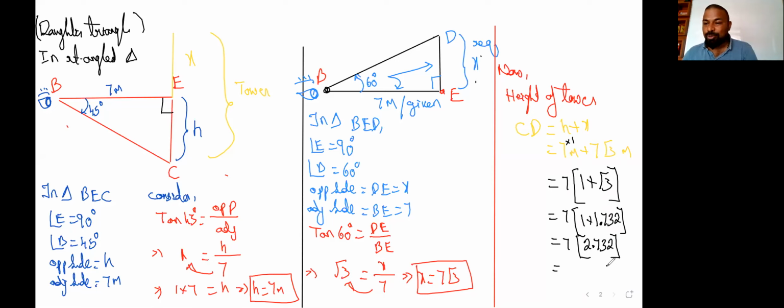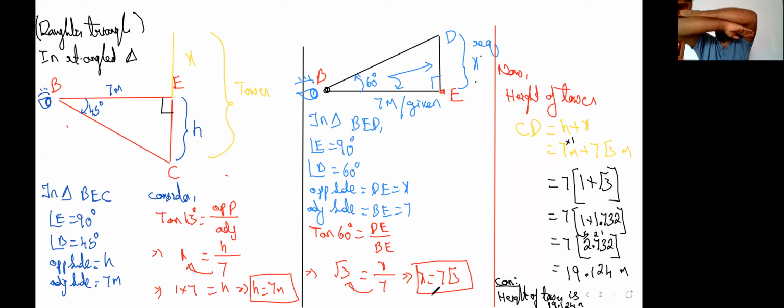Let's multiply: 7 twos are 14, 7 threes are 21, and so on, giving 19.124. So what is the conclusion? The height of the tower is 19.124 meters.